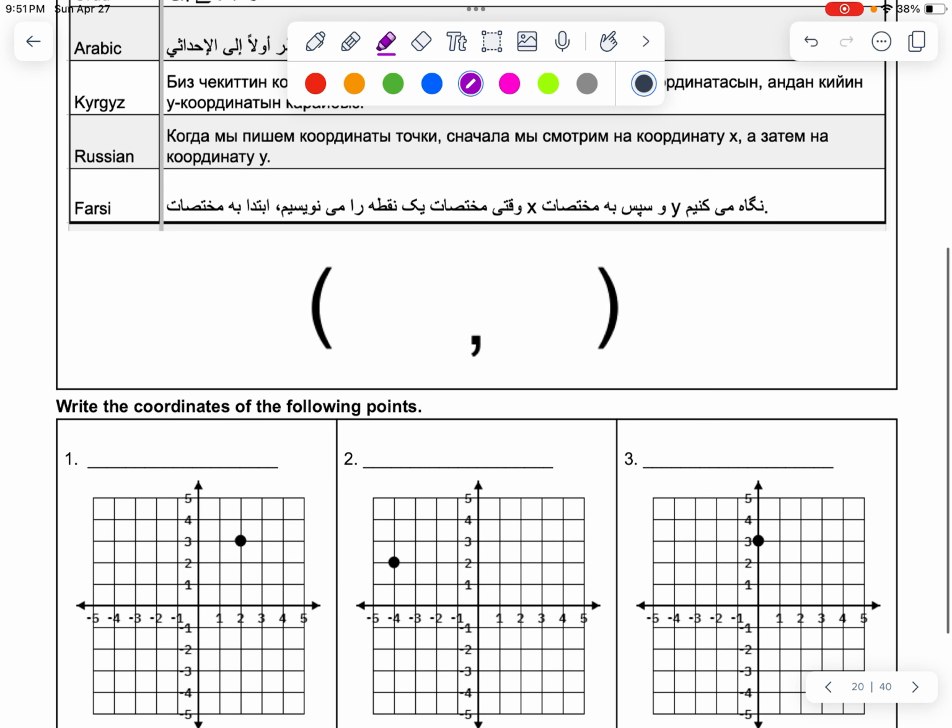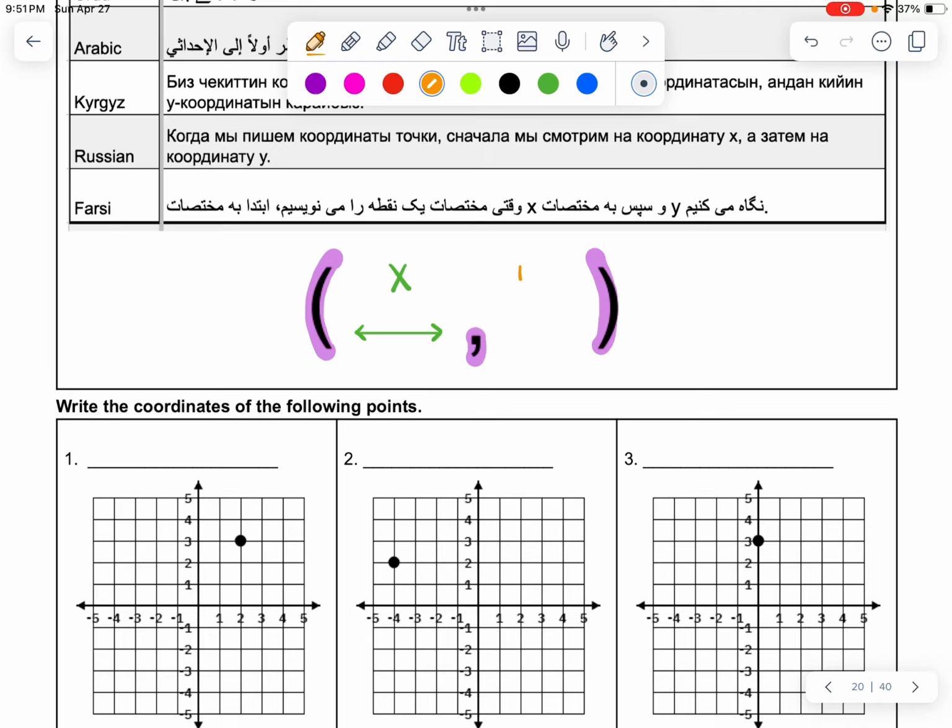So, first we always make sure we have parentheses and a comma. The number that goes first is the x coordinate, which is the number that is on the right or the left.